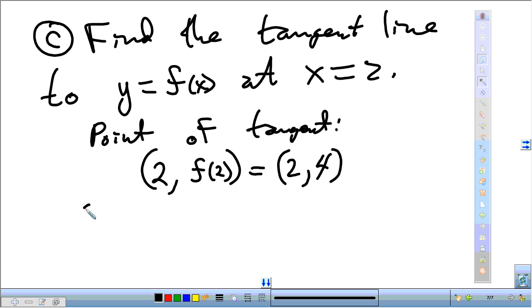And then there's the slope. And so the instantaneous slope at the point, or the tangential direction slope, is this creature we now call the derivative evaluated at 2. And so we found that value to be 3.